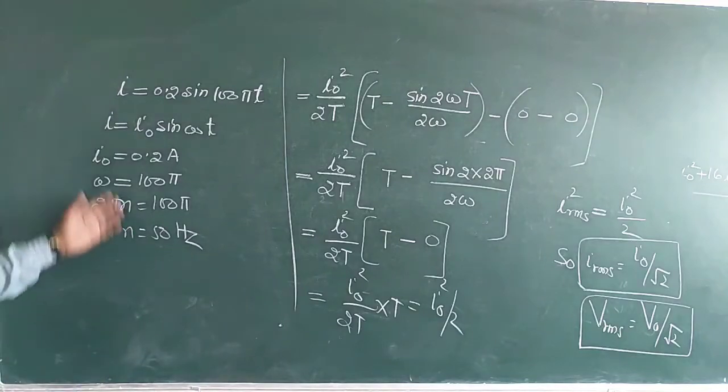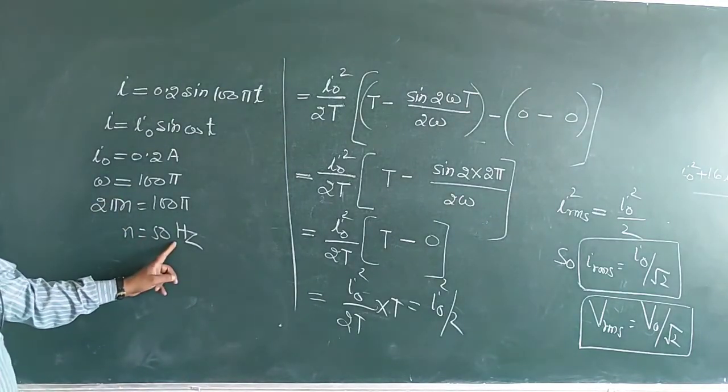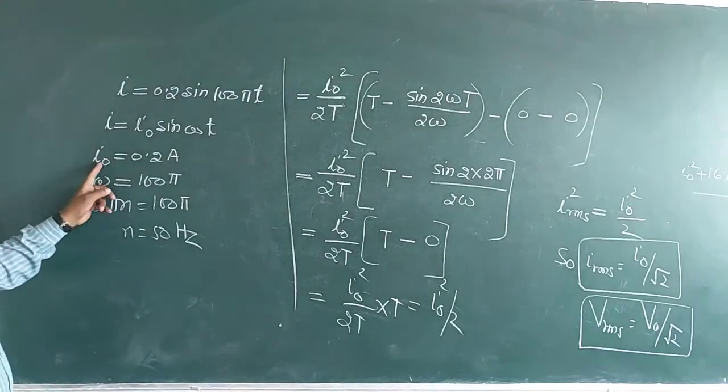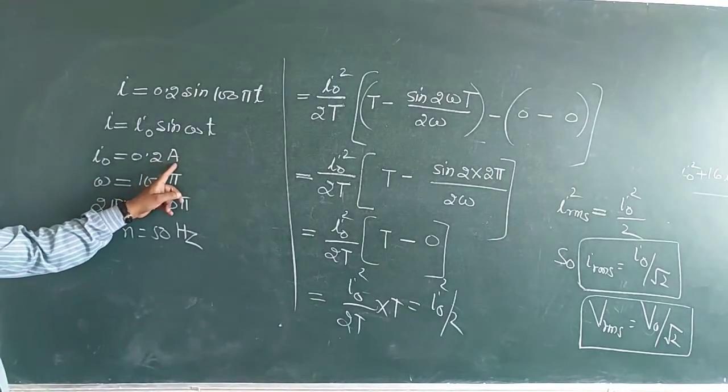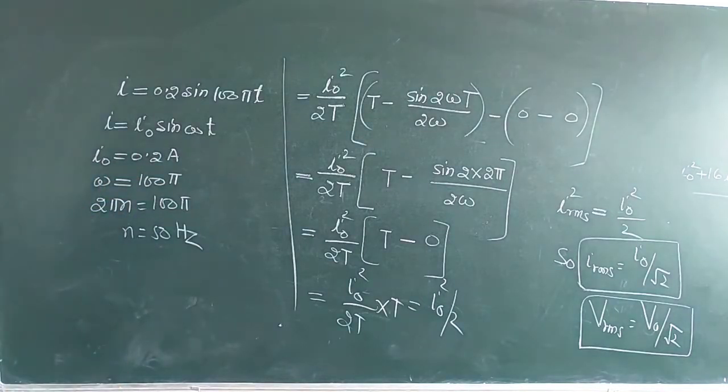This means the current flowing in the circuit has a frequency of 50 hertz. So I0 is equal to 0.2 ampere, but this is not the current which is flowing in the circuit, because it is the maximum value of the current.